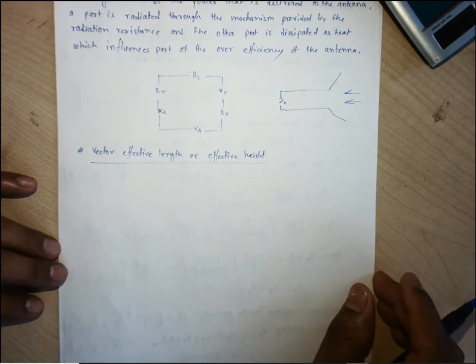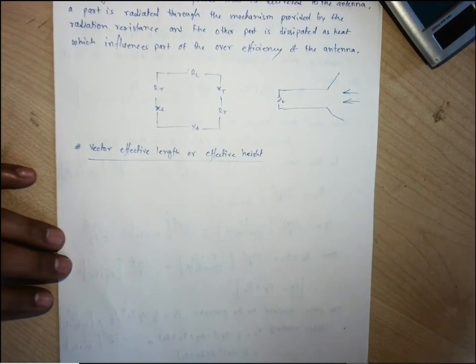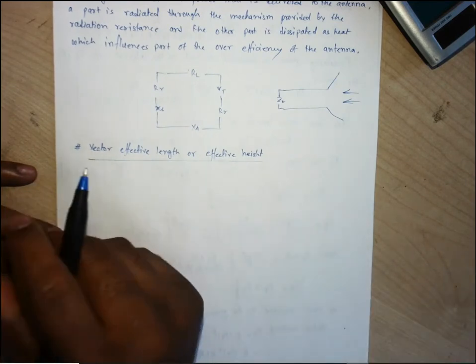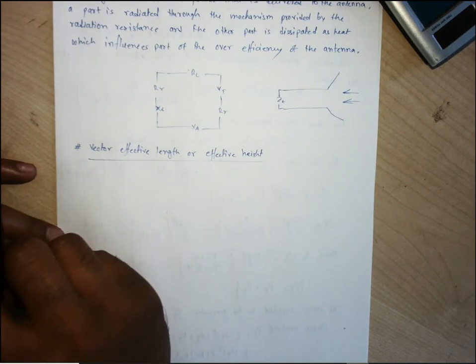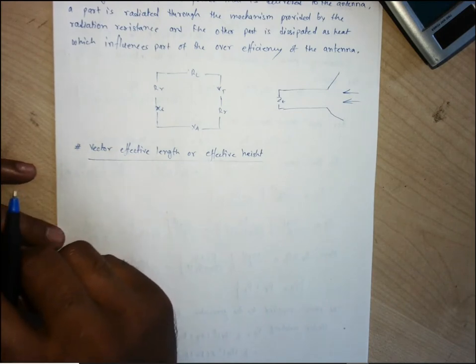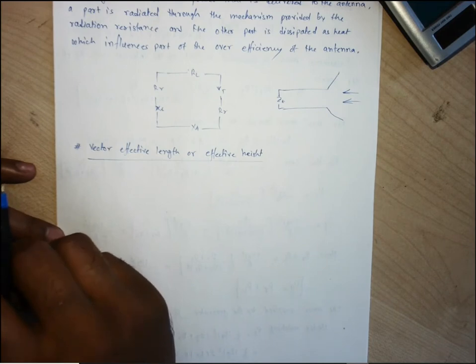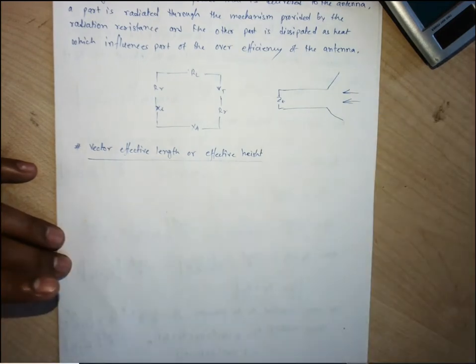So this effective length of an antenna, either this antenna is linear or having certain aperture, is the quantity that is used to determine the voltage induced on the open circuit terminals of the antenna when the wave is impinging on the antenna structure.